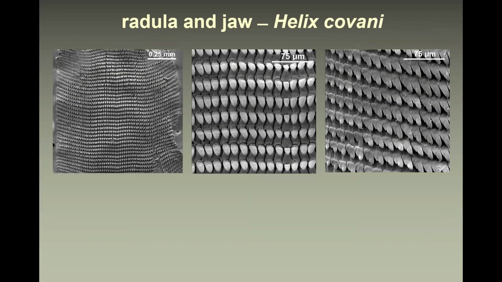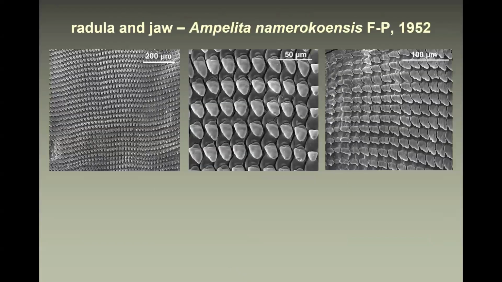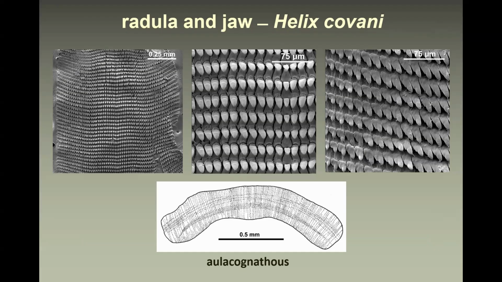This is it for Helix coveni, and immediately you'll see that we have a very typical herbivore radula. Lots and lots of very similar teeth, little differentiation between the teeth, except perhaps at the edge of the radula where you get some differentiation. And the jaw is what we call an oleognathous jaw, with little scratch-like grooves across the width of the jaw.